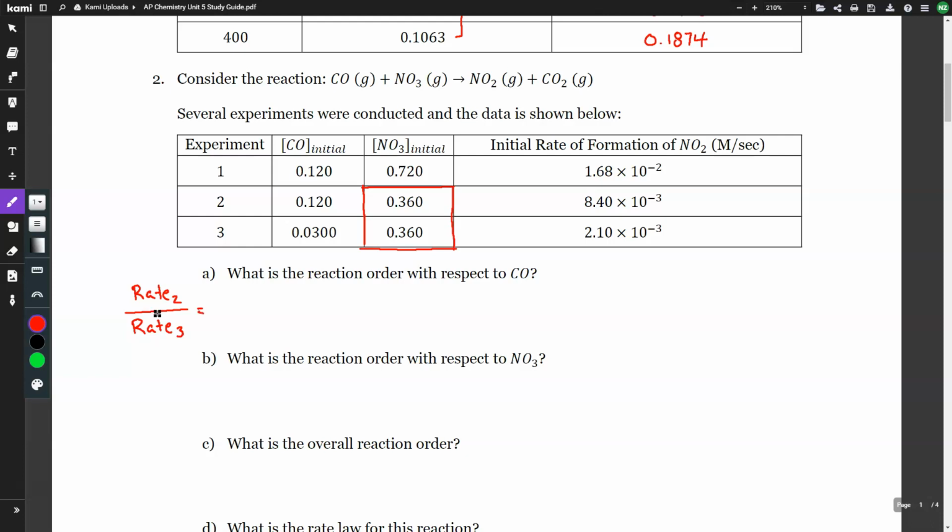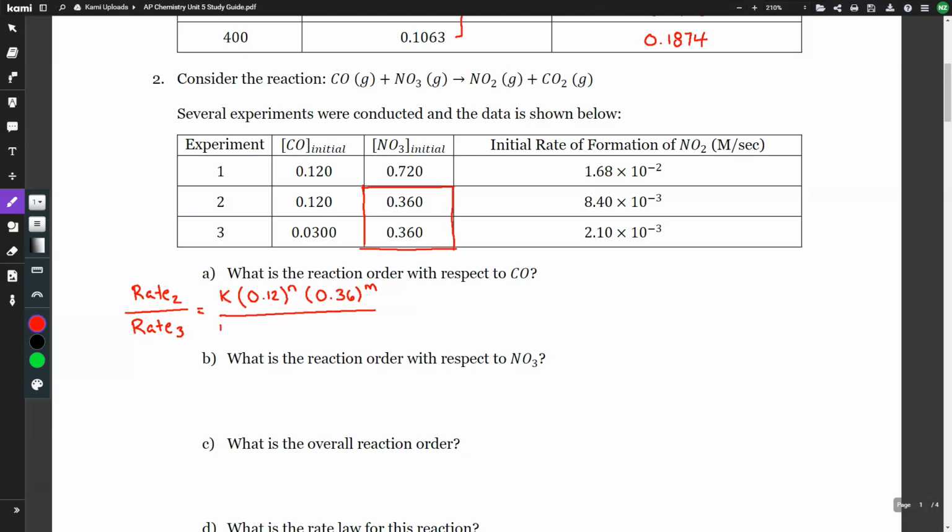For experiment 2, we have the constant K, and then the concentration of CO is 0.12, raised to the n. And then we have NO3, which is 0.36, raised to the m.